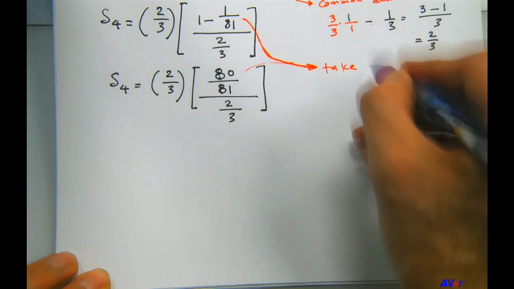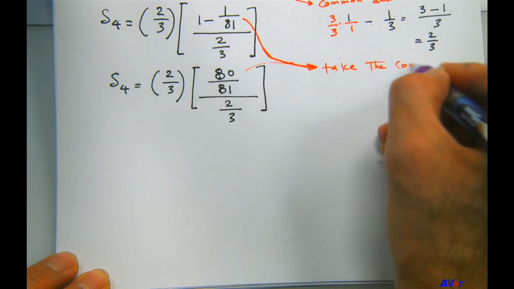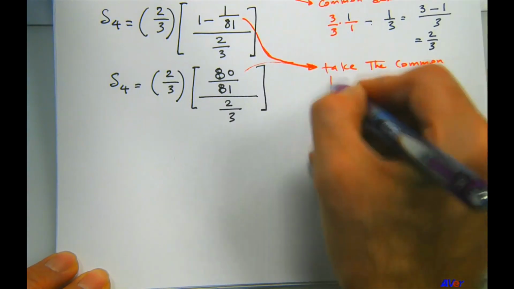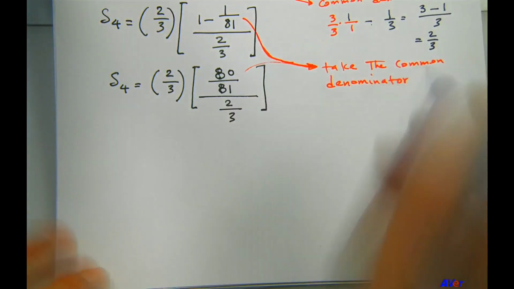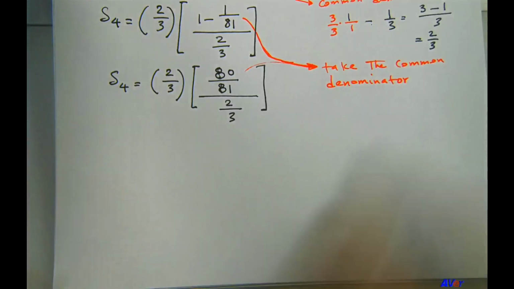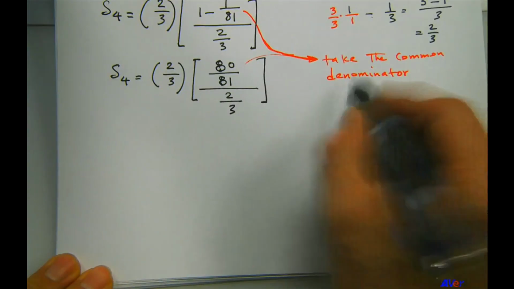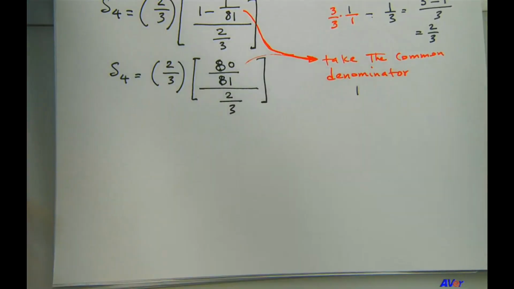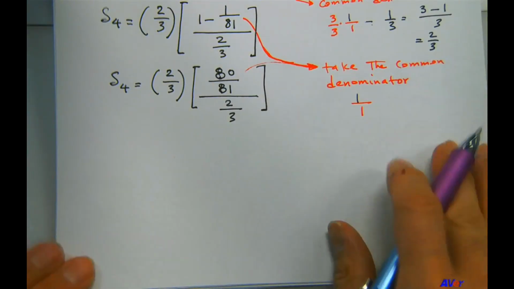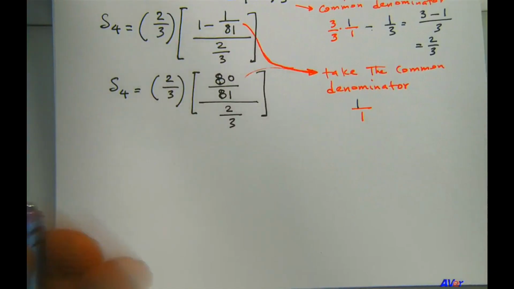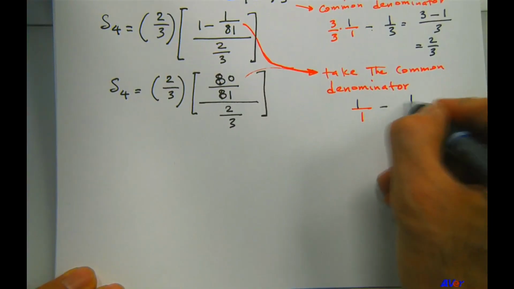From here, take the common denominator. So what do we have? We have 1 over 1, all right? 1 over 1 minus 1 over 81.